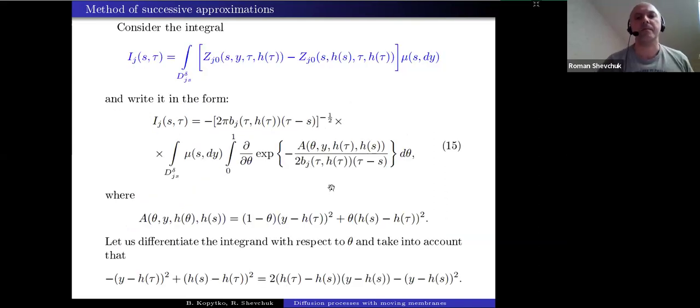And this is the main part of our research, to prove that we can use here the method of successive approximations.